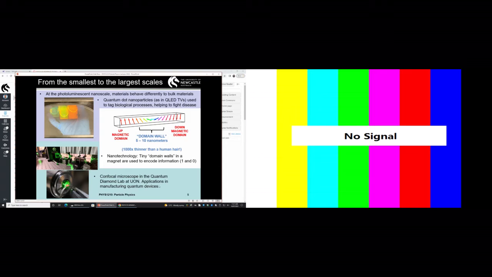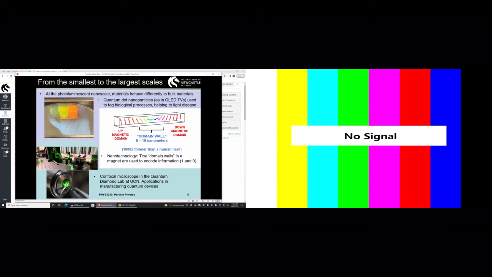We've got a little schematic here of a nanomagnet. That's a magnet which is 1,000 times thinner than a human hair, and these have lots of applications as well, for example, in things like quantum computation, and also other things that you wouldn't even imagine, like self-healing paint on cars.